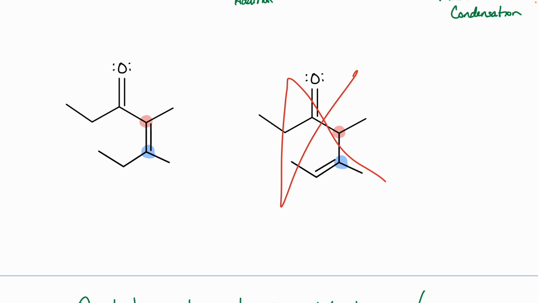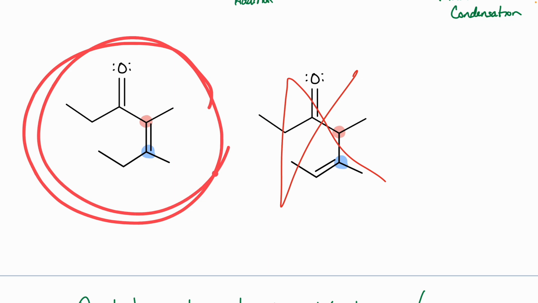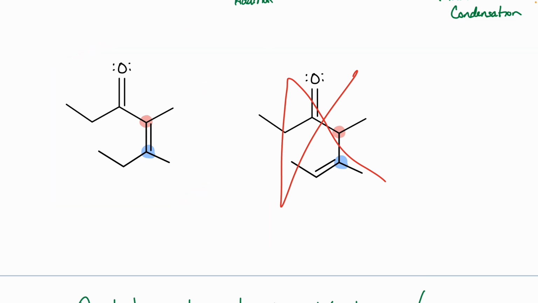Conjugation. So that double bond is going to form in that location so it's conjugated to that carbonyl group as well. We're going to talk quite a bit about these products next lecture. These products that have this double bond right next to that carbonyl group are called enones.